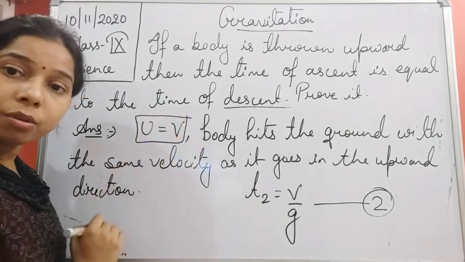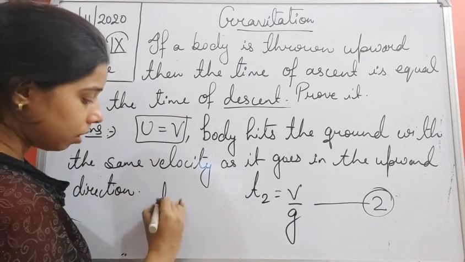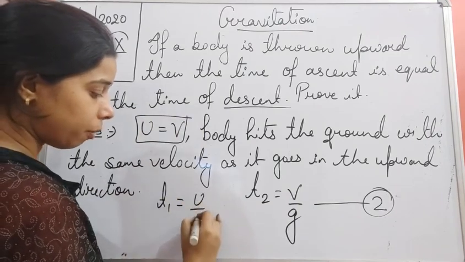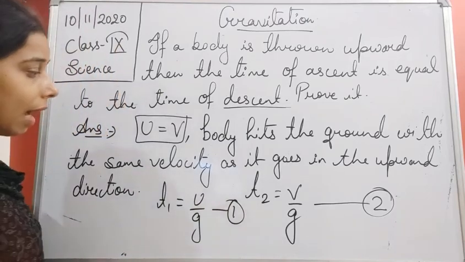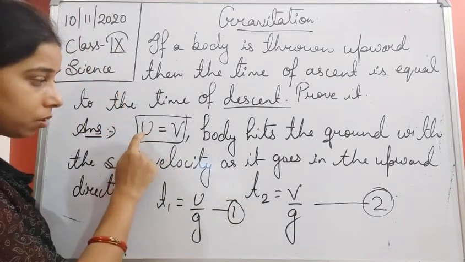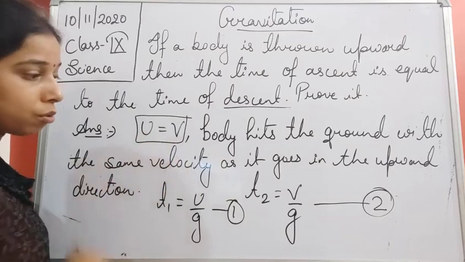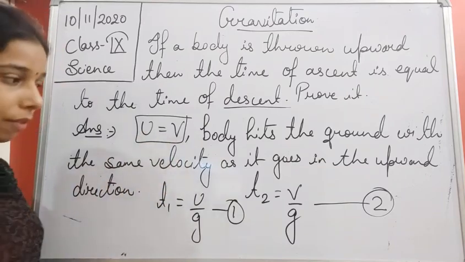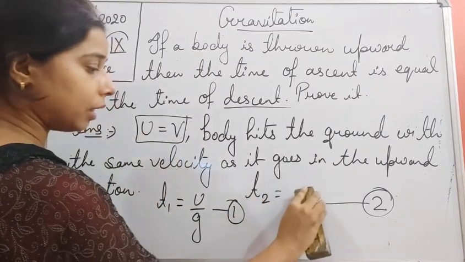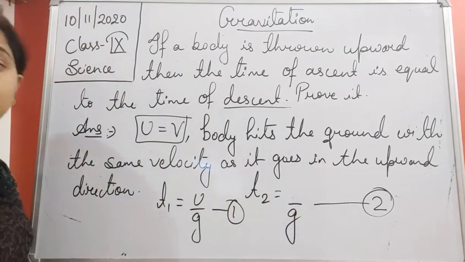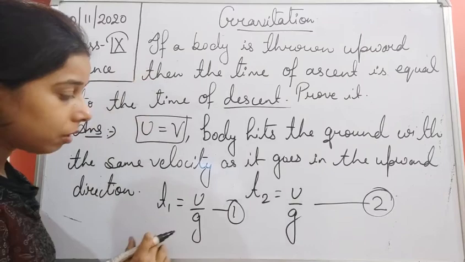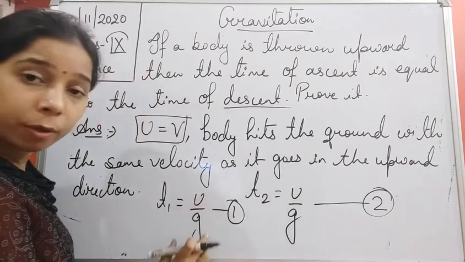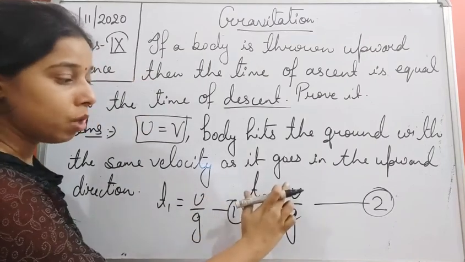And when u is equal to v, you know that t1 is equal to u upon g. That was the first equation. Putting u equal to v, in place of v I am putting u. So you can see, students, t1 is equal to u upon g, and t2 is equal to u upon g.